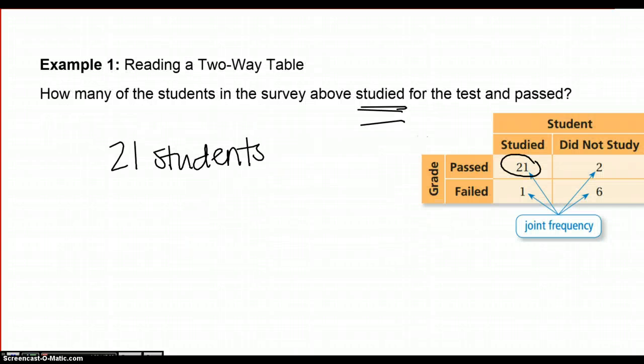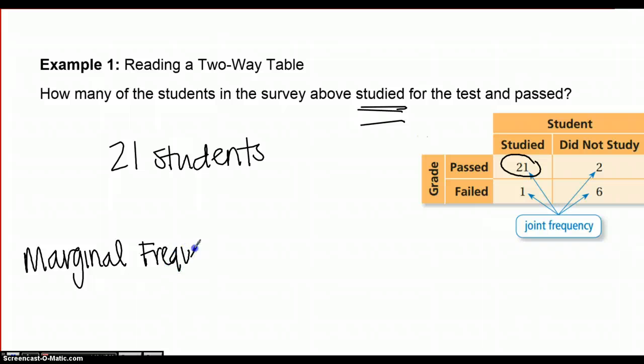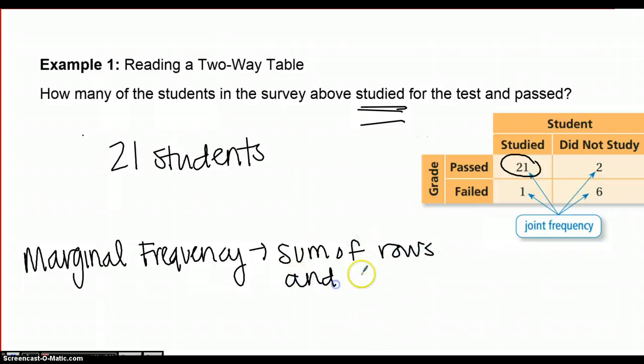And I missed a vocab word, so you're going to have to bear with me and write them down. A marginal frequency is the sum of the rows. Okay, so it's sum of rows in columns.